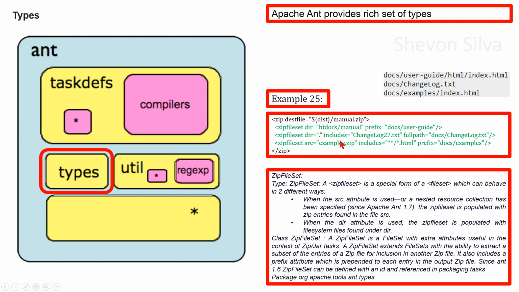It adds the file changelog27.txt in the current directory as docs/changelog.txt, and includes all the HTML files in the examples.zip under docs/examples. The archive might end up containing the files shown here.